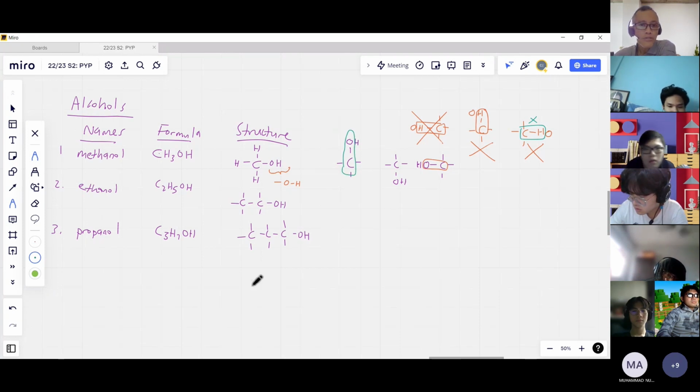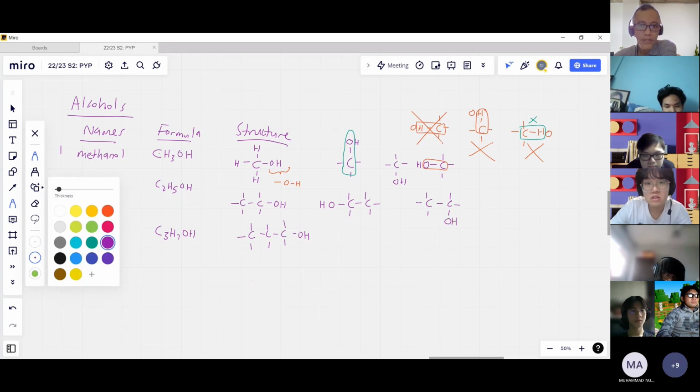Now, likewise for the second drawing, the one of ethanol, if you want to draw it in this manner, it's perfectly fine. This and this are the same. And if you want to draw like this, it's still perfectly fine.